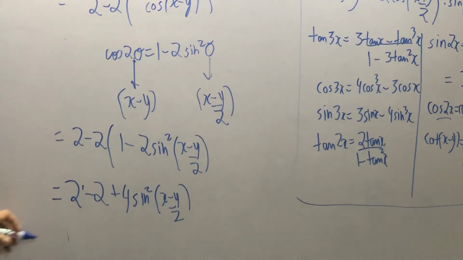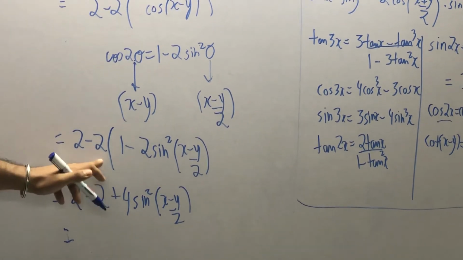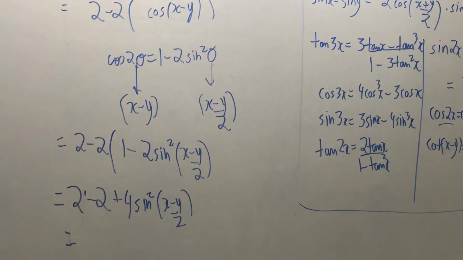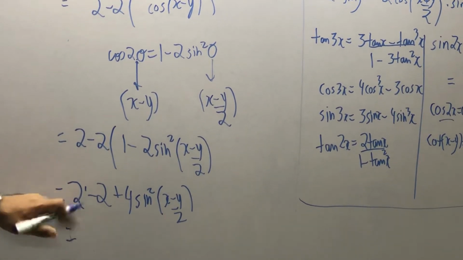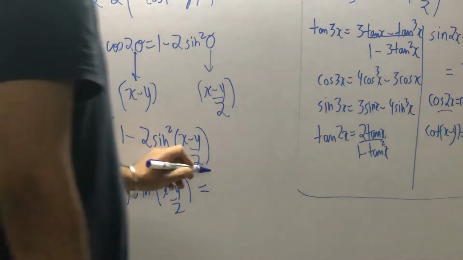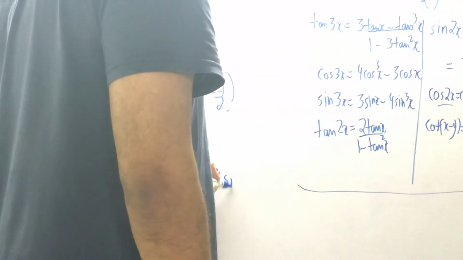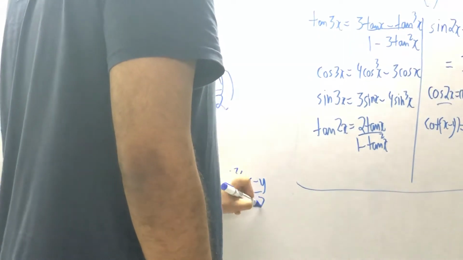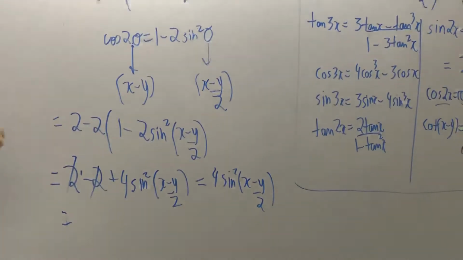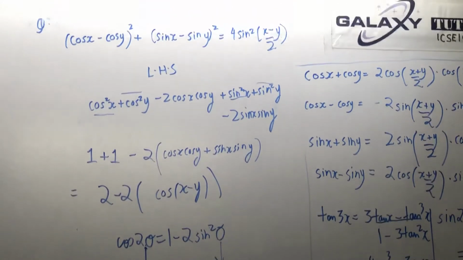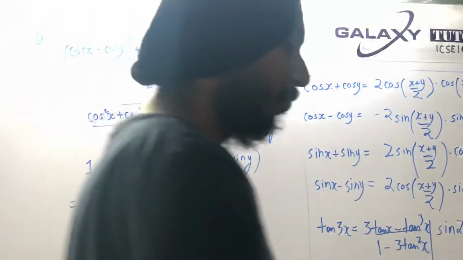So 2 minus 2, I just open the bracket, so 2 into 1 is 2, and minus 2 into minus 2 is plus 4, so 2 minus 2 is 0. This will cancel each other. So the answer will be 4 sine square x minus y divided by 2, and this is your answer. LHS is equal to RHS, hence proved. Don't forget to write hence proved or hence verified.